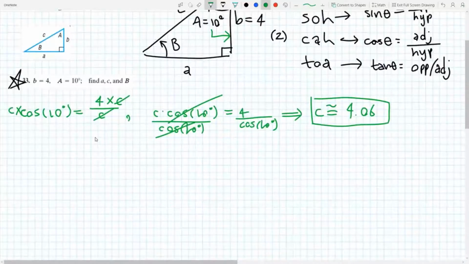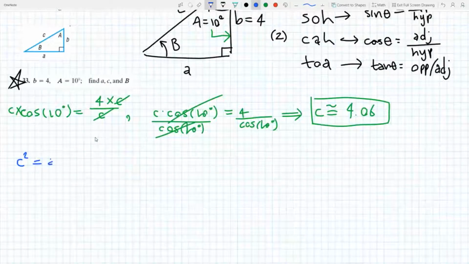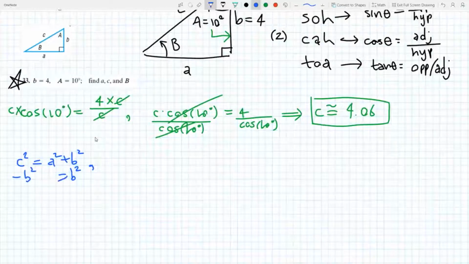Knowing the value of C, I can now find the value of A by using the Pythagorean theorem. So I know that c squared is equal to a squared plus b squared. Solving for the value of A, I could subtract both sides by b squared, because I know the value of B is 4.